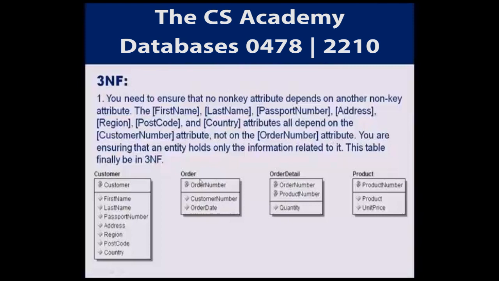Now you are ensuring that an entity holds only the information related to it, only the things you require will be populated. Otherwise it won't retrieve or send the data to the display unit. This table will finally be in third NF. You can see this is the third NF, with one primary key, second, third, fourth, fifth. These are four keys, but one has a one-to-one relationship and one has one-to-many relationships.